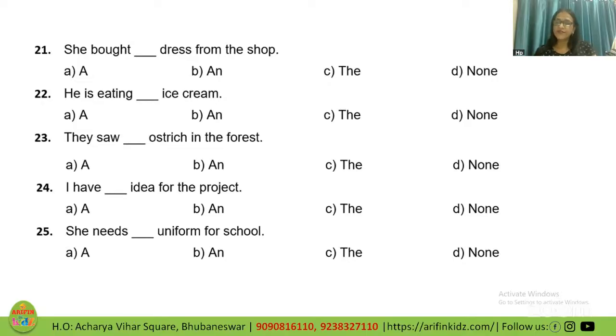She bought a dress from the shop. It is not specific, it is indefinite, not definite. So the correct answer is option A. Let's come to question number 22.